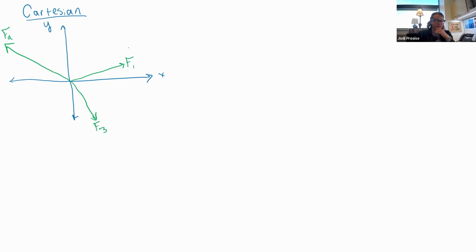Okay, let's try and figure out how we can do this without that complex parallelogram law. We can do something where we define each of these in their Cartesian form. So we can say F1 vector is equal to F1x, the magnitude of the x component, and its direction i hat, plus F1y and its direction j hat.